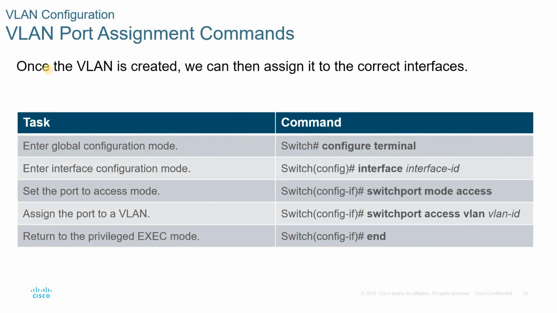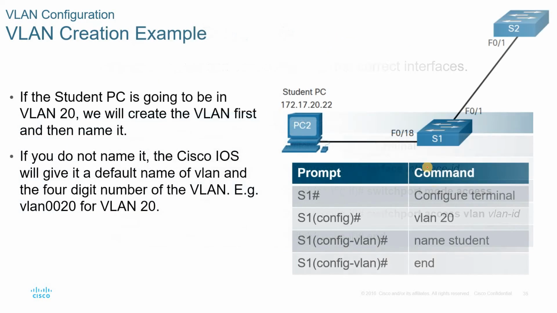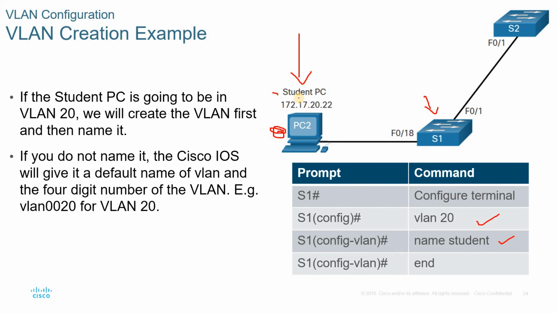Now, okay, once the VLAN is created, the next step you need to do is to assign the port to the correct interface. Alright? So, ibig sabihin, for example, ito. Si PC2, magiging member siya ng student VLAN.